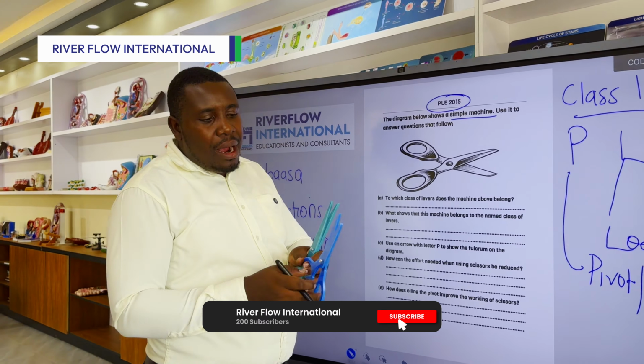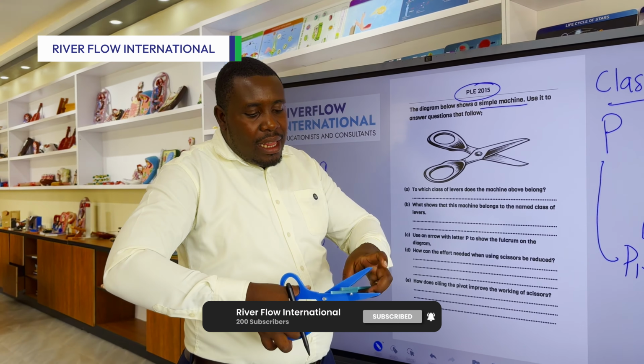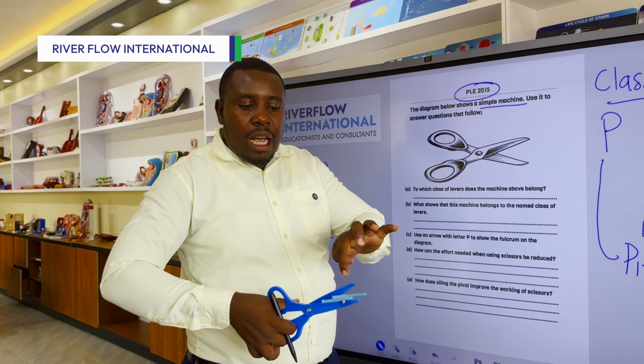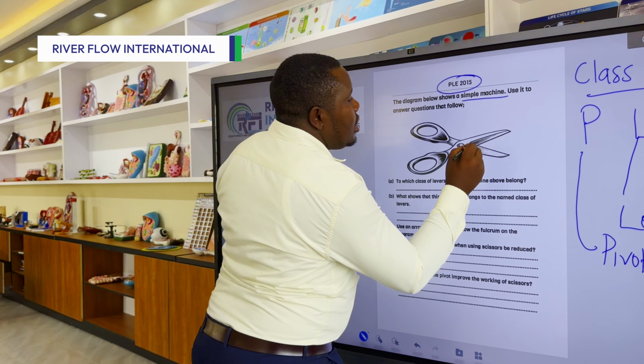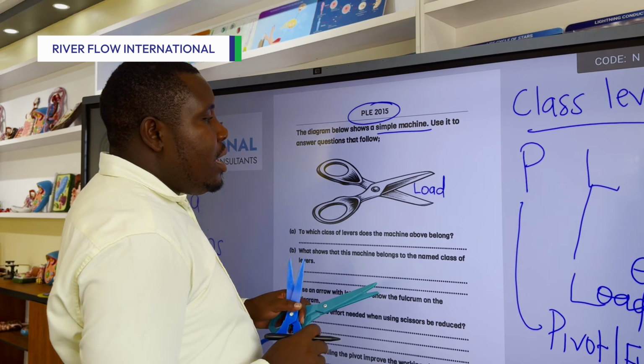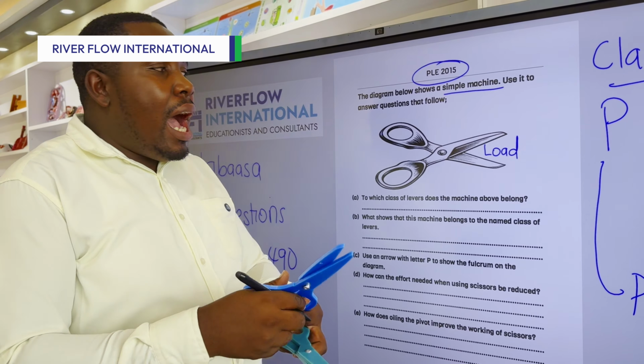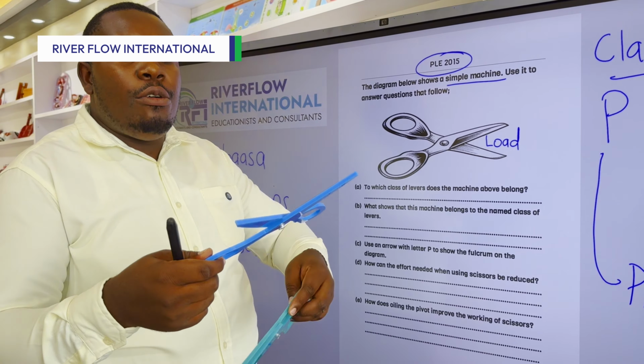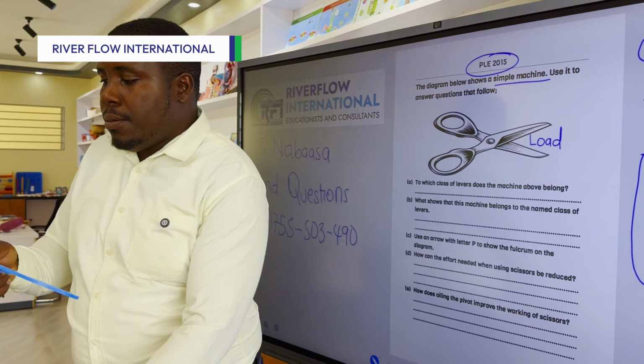When I'm cutting, what I'm cutting is here. So this becomes our load. Then, when I want to find out fulcrum, fulcrum is the turning point.